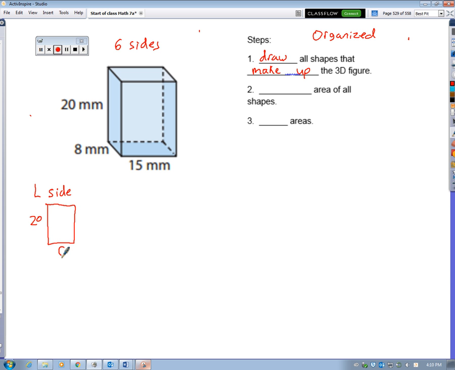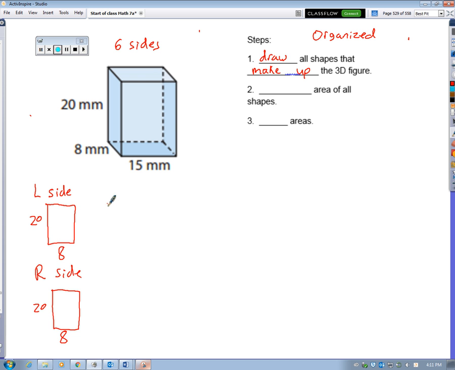Here is our first side that makes up this figure, and then its matching side on the other side of this box is the right side. So we'll label that R side, draw a picture of it, and it's the same thing. It is 20 by 8, the same size as this one. Now let's move on to the front and the back.